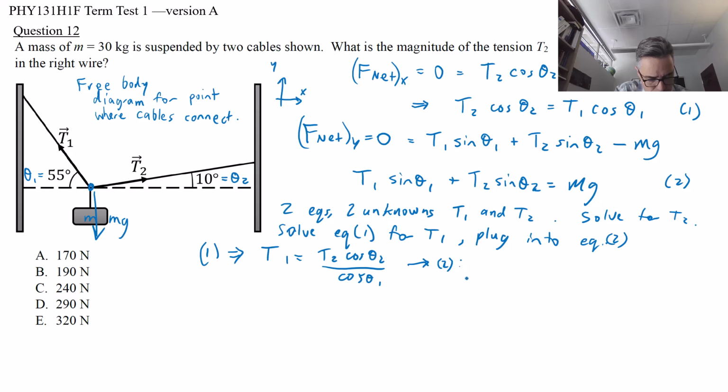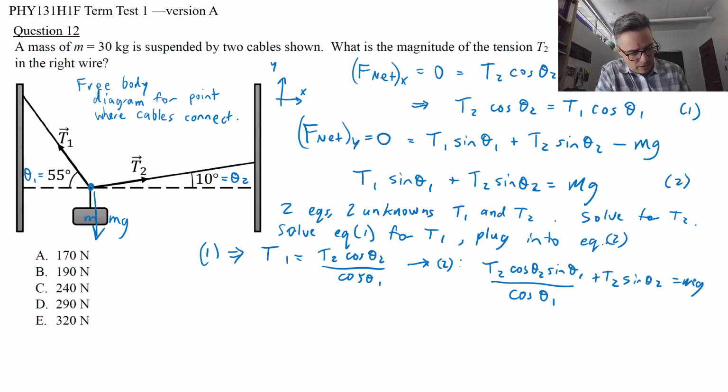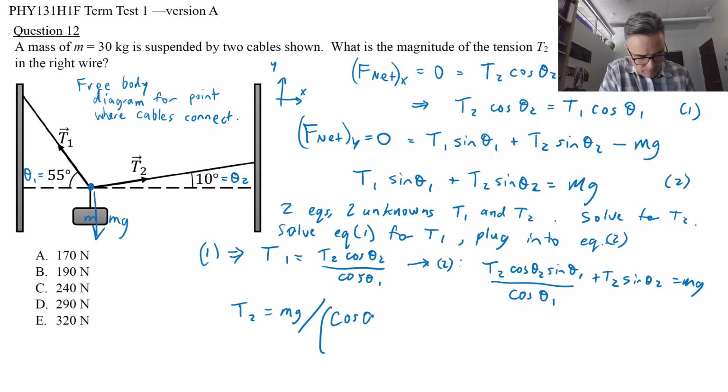So we get T2 cos theta 2 sin theta 1 divided by cos theta 1 plus T2 sin theta 2 equals mg. Now it's all in terms of T2, so pull out the T2. T2 equals mg divided by cos theta 2 sin theta 1 divided by cos theta 1 plus sin theta 2.